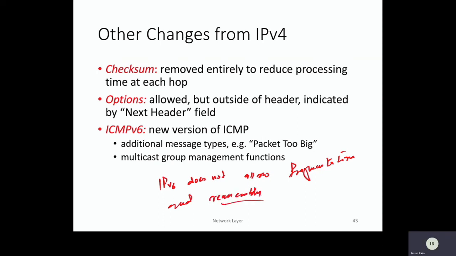right? So that's why we need to come up with a new version of ICMP, and that is ICMP version 6, where we have a new type of message that is packet too big. So if somebody is sending a segment of greater than, say, 576 bytes, this means the router will send a message indicating that the packet is too big.